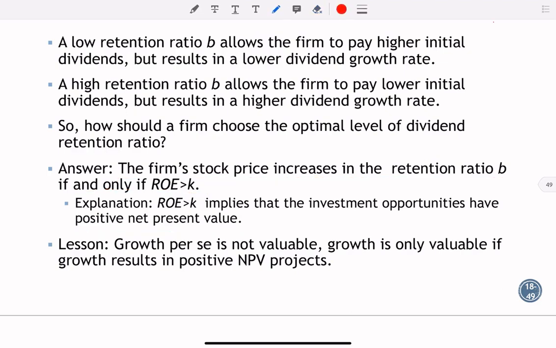From our discussion here, stock price will increase in B if ROE is larger than K. This implies that stock price will decrease in B if ROE is smaller than K, right? This means that if your projects are negative NPV projects, you could still increase your firm's growth rate by increasing this plowback ratio. However, that will actually reduce your firm's value. It will reduce your stock's value.